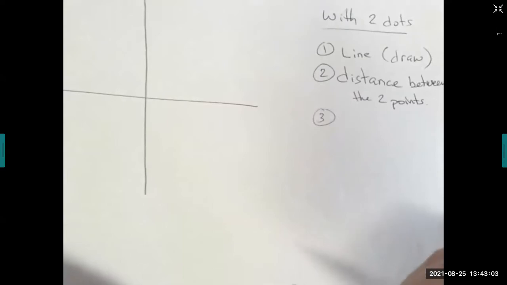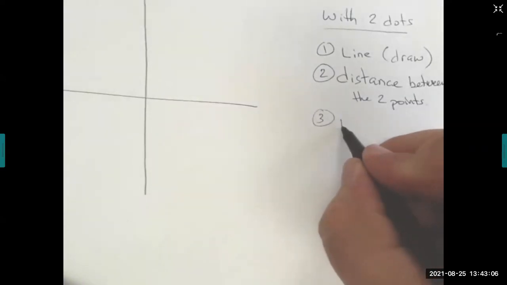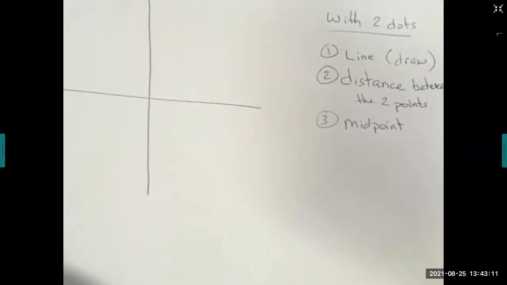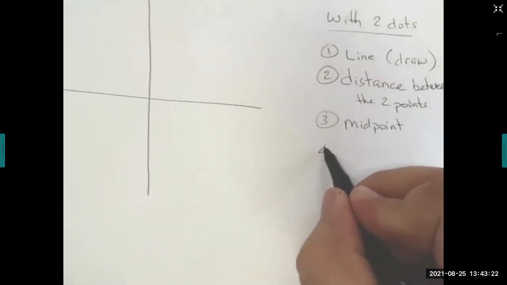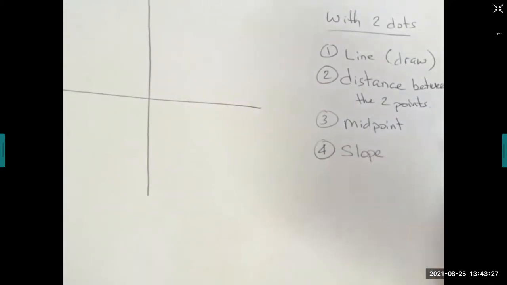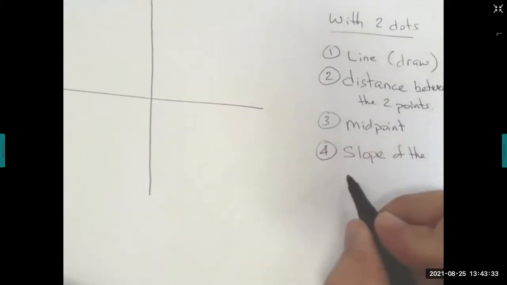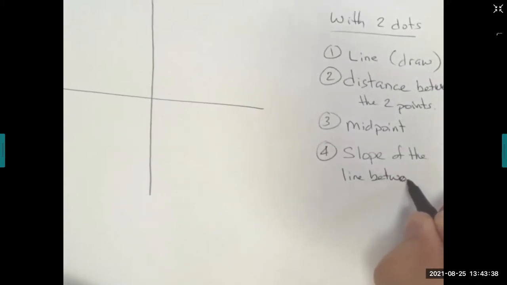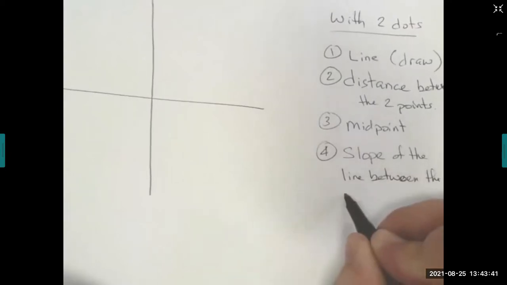We could find the halfway point between those 2 points. We could find the slope of the line between the 2 points.